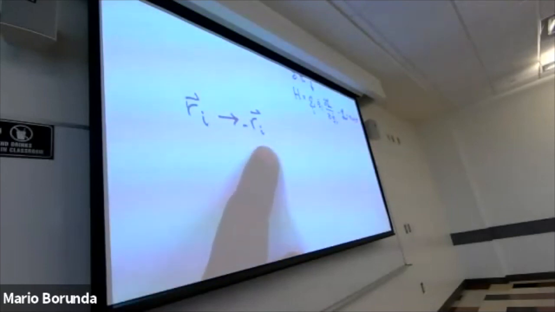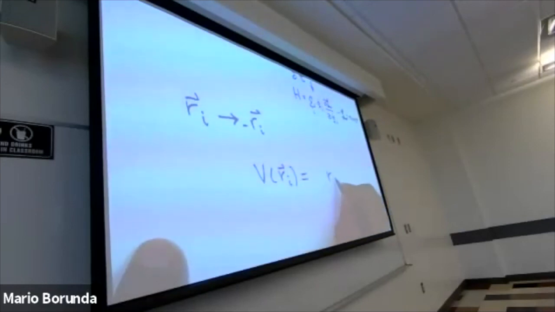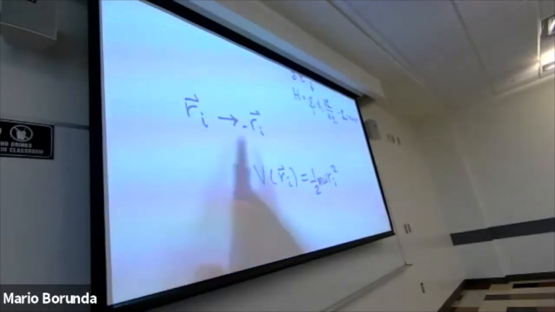If you have something that depends on a quantity and this quantity is reversed like this, there are some quantities that don't depend on it. For instance, if your potential depends on R_i as one half m omega squared R_i squared, you can see that going from R_i to negative R_i is not going to change that potential, right? So this type of potential is invariant under reflection.